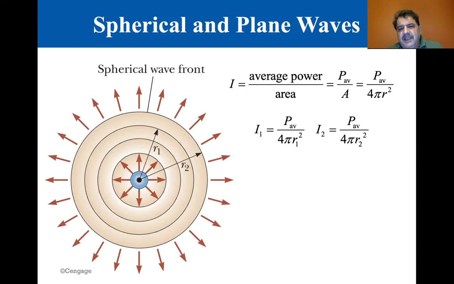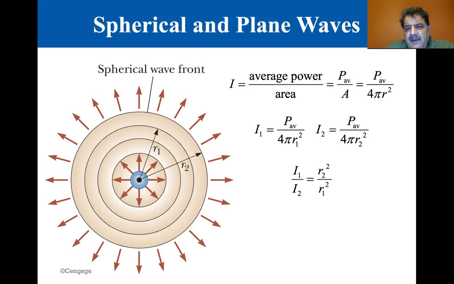So you can see that I1 is equal to P average over 4 pi R1 squared, and I2 is equal to P average divided by 4 pi R2 squared, so that the ratio between I1 and I2 is R2 squared over R1 squared.